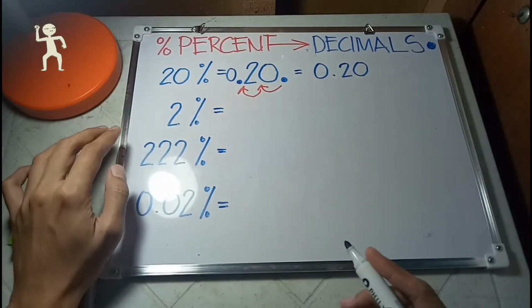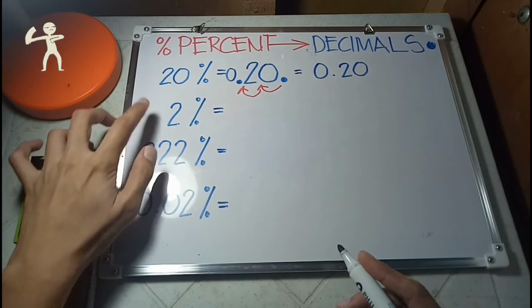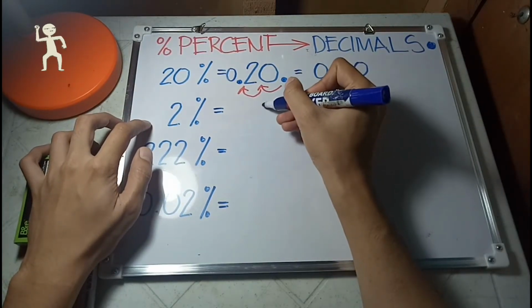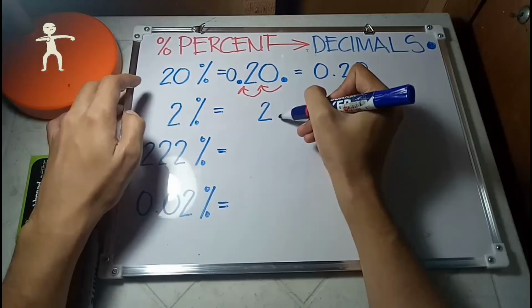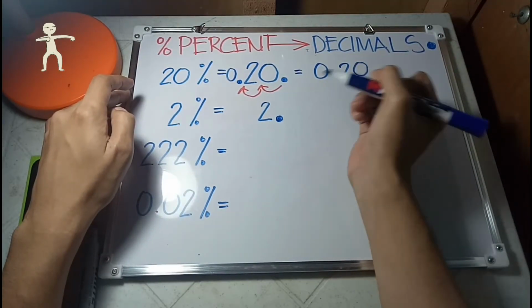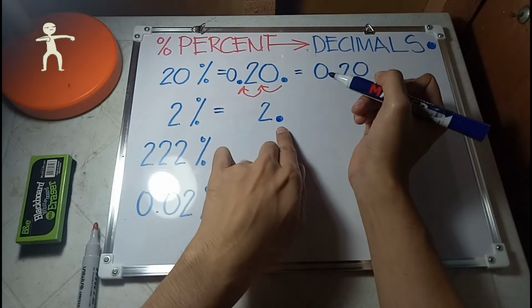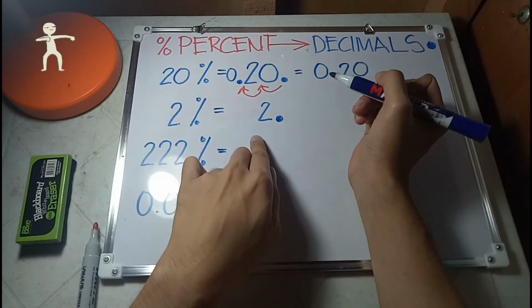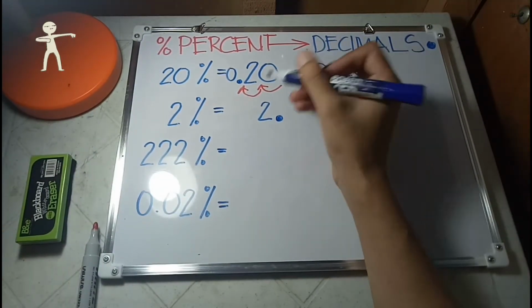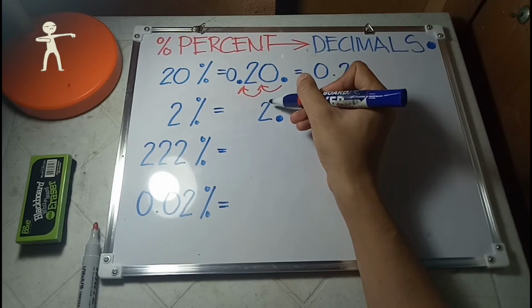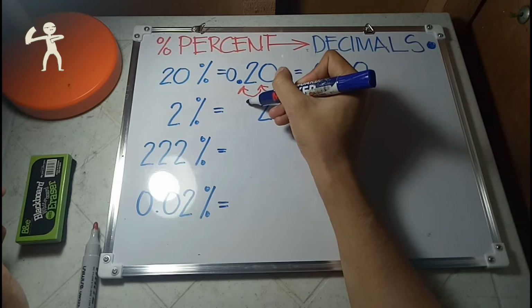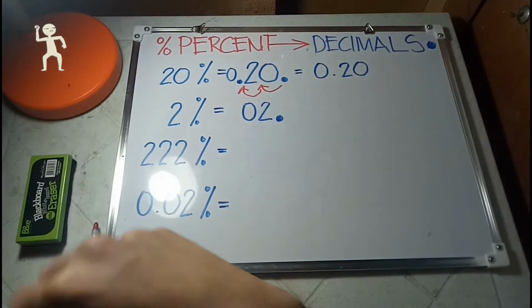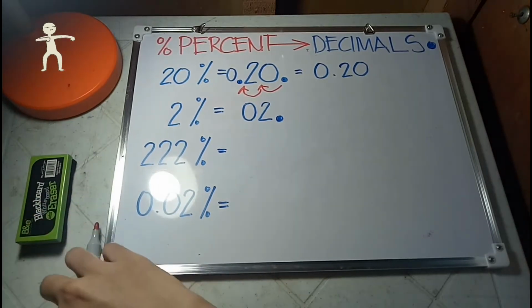So, what if kung meron tayong problem na katulad ito? So, we have 2%. Convert the percent sign to a decimal point. Ganon. After that, we will move the decimal point 2 places to the left. The problem is, we only have 1 digit. So, if we only have 1 digit, then we would only add 0 para mapunan po yung missing place.